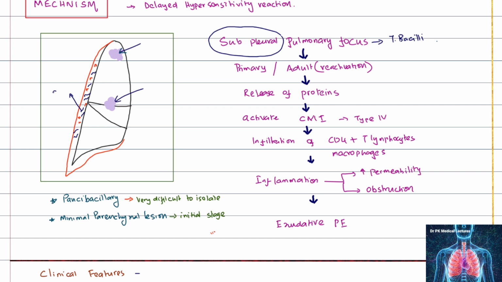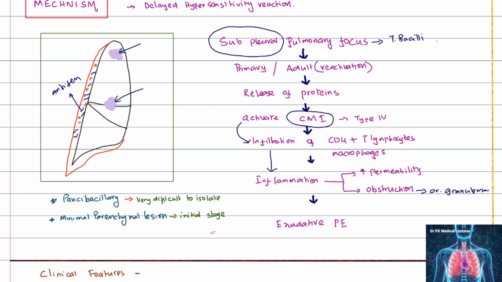These proteins act as antigens and activate cell-mediated immune response by type 4 hypersensitivity reaction that leads to infiltration of CD4 T lymphocytes and macrophages and causes inflammation. It is because of this inflammation there is increased permeability of the capillaries and also there is obstruction of the lymphatic flow by the organizing granuloma.